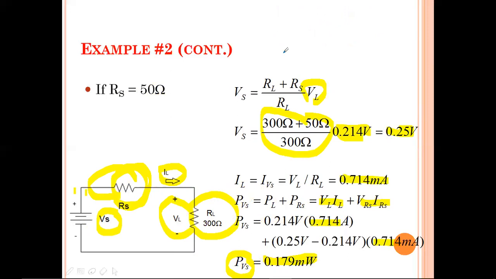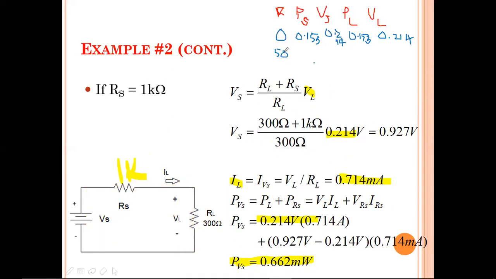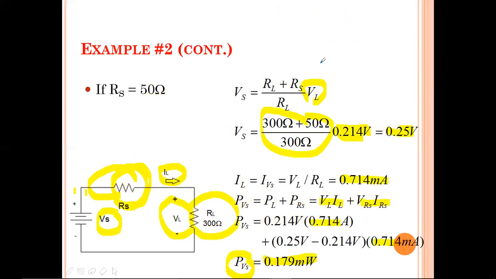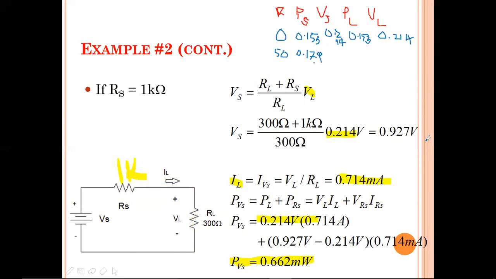Power at source is 0.179. I am not adding the milli again. What about the voltage? The voltage will be 0.25.